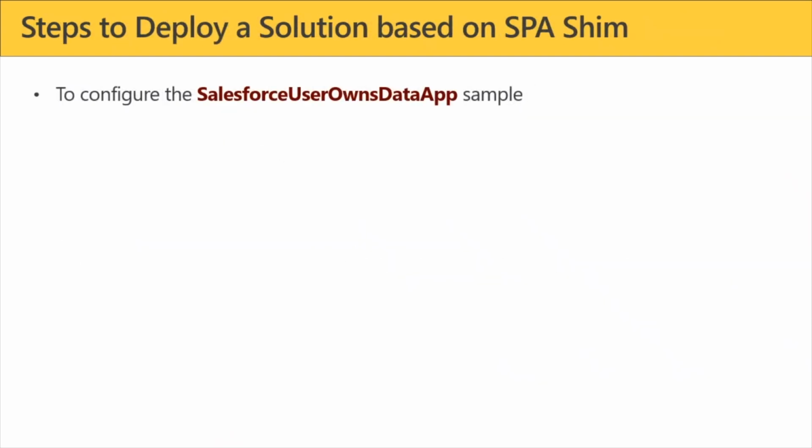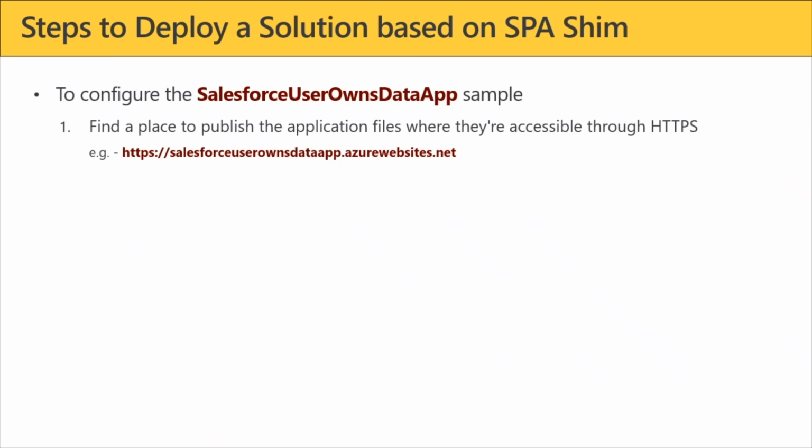Now, in order to configure this, the first thing we're going to have to do is find a place to publish your application files where they're accessible through HTTPS, basically TLS. And let's say that I've created an Azure website, and we'll call it Salesforce user owns data app.azurewebsites.net.